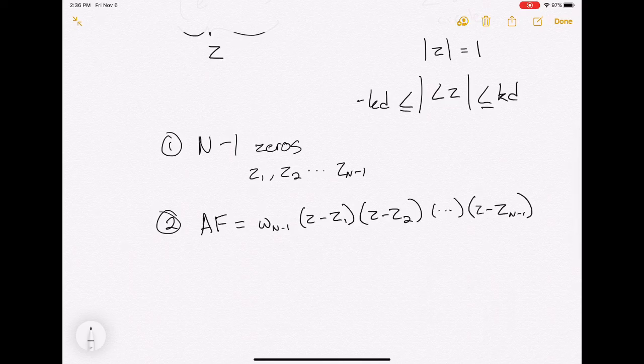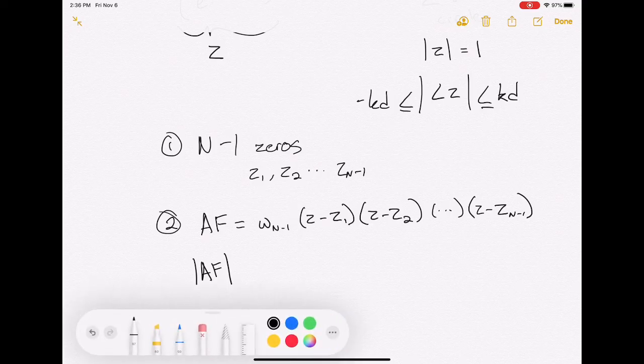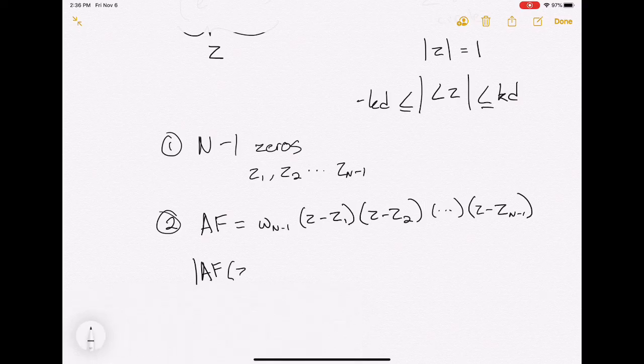And the magnitude of the array factor at some location z is the product of the distance between that location and each of the zeros.